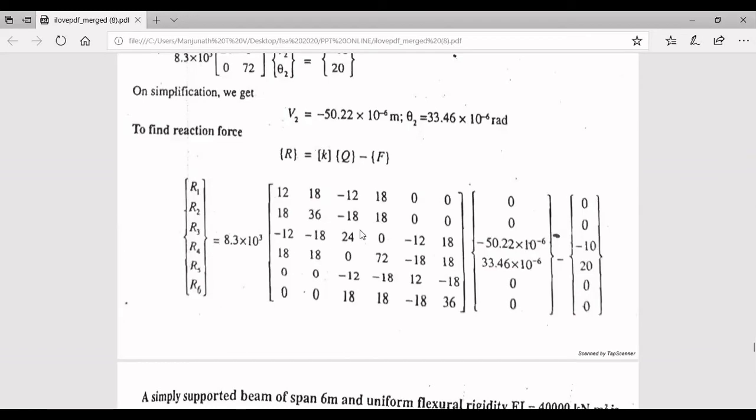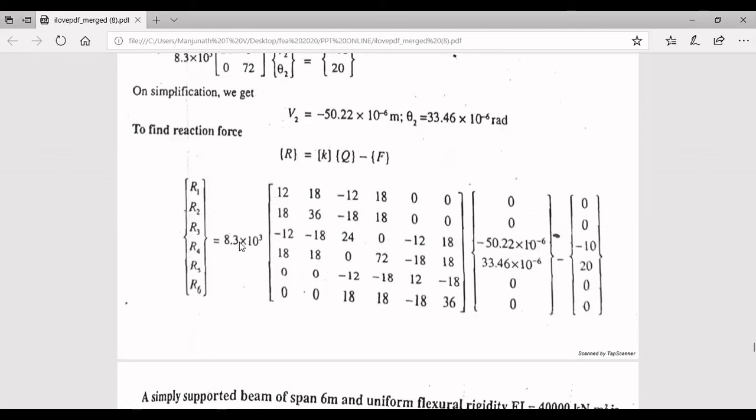Here you need to calculate the values for r1. So r1 is equal to this value and this, which gives only this third coefficient value, 8.3 into 10 to the power of 3 into minus 12 into 50.22 into 10 to the power of minus 6 minus 10, which gives the r1 value.